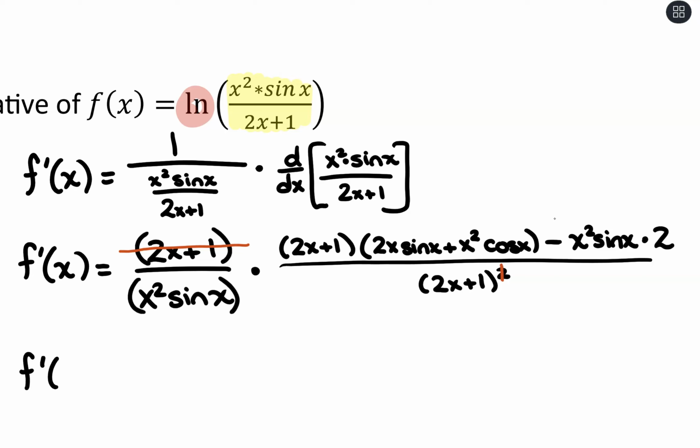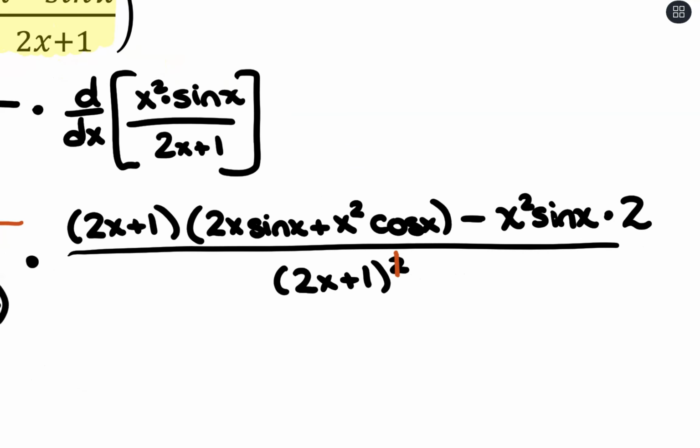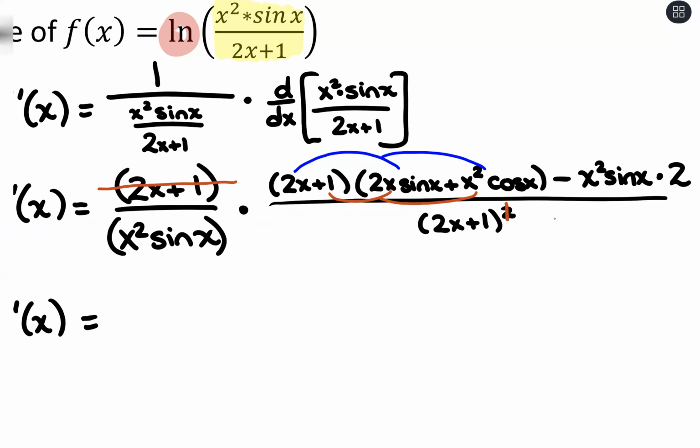Okay, then from there, what I'm going to do is I usually start by seeing if there are common factors I can take out of the two terms, but I'm not seeing anything there. So I'm going to go ahead and multiply out. I'm going to go ahead and FOIL this 2x plus 1 with the 2x sine x, x squared cosine x.